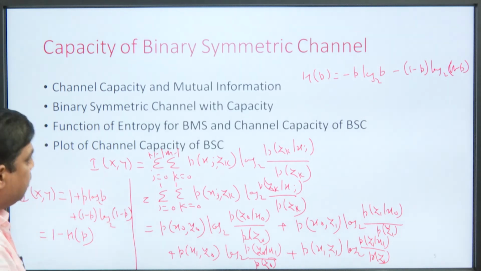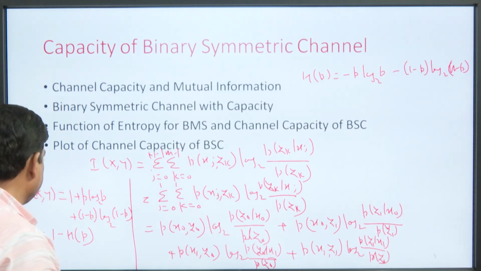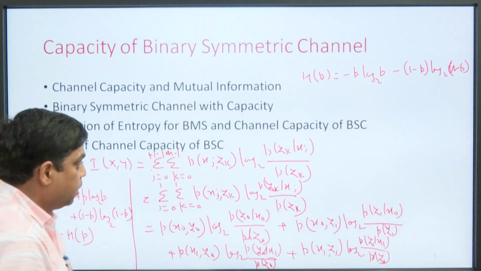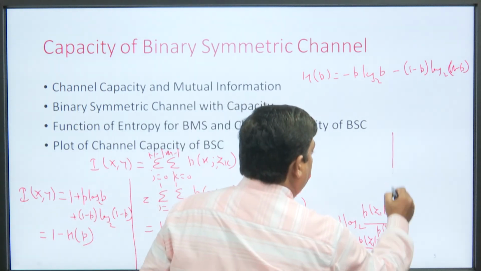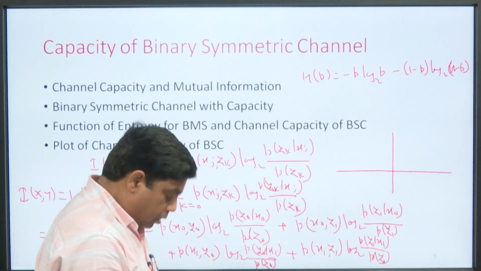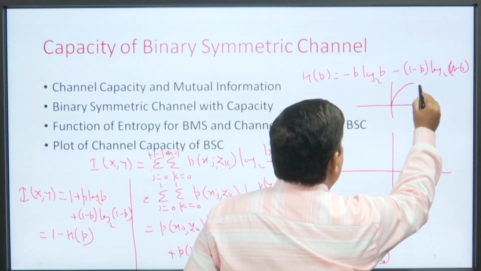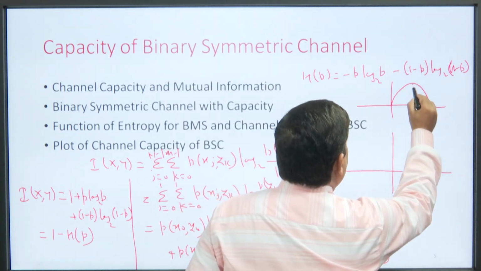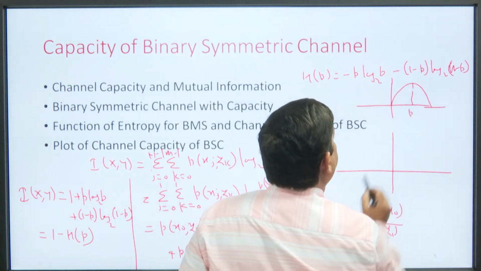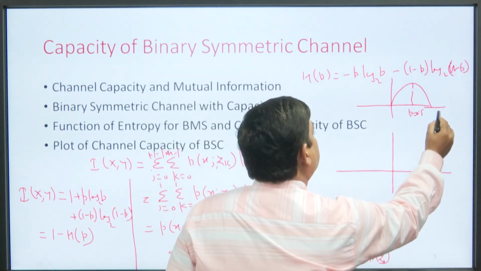Now this equation can be plotted. Its plot is like this one. It is H(p); if we plot H(p), it was like this one. We have already discussed that its value is 1, that is maximum, at p equal to 0.5.